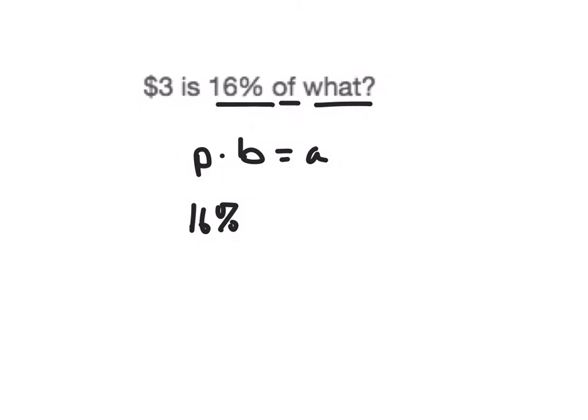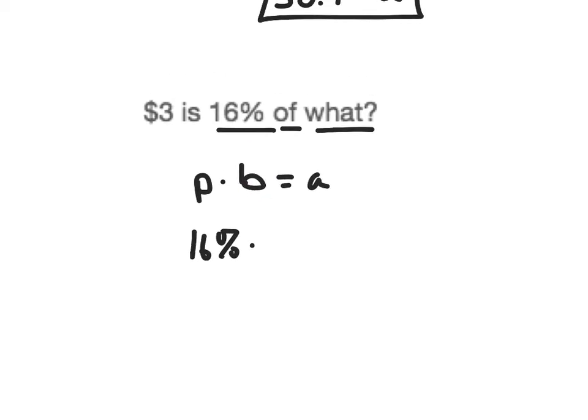Remember, of translates to multiplication, and what is the variable B? We don't know what B is, but we're going to put times B, and that's going to be equal to A. Now, is translates to an equal sign, and then $3 is going to be put in for A.